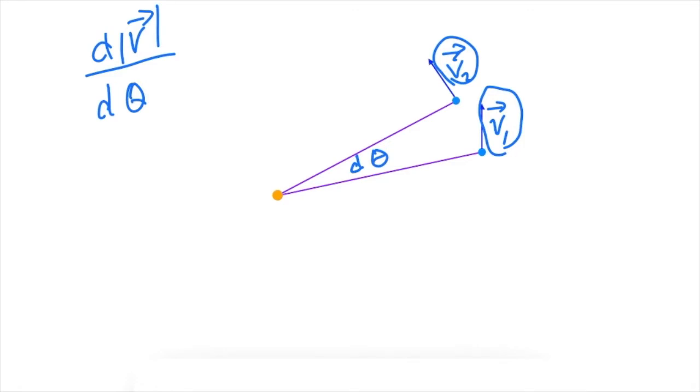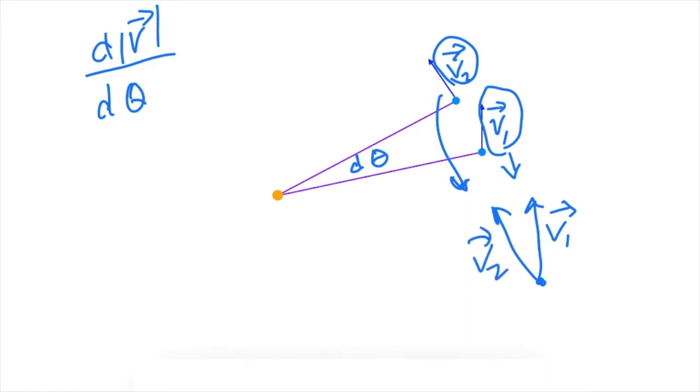Well, the answer lies in taking these vectors out of a diagram representing physical space or position space and putting them into vector space, just like we did for the special case of circular orbits. So if we now put them tail to tail, and this is v1, and this is v2, again the key is you draw them with the same magnitude and relative direction as you would in position space.